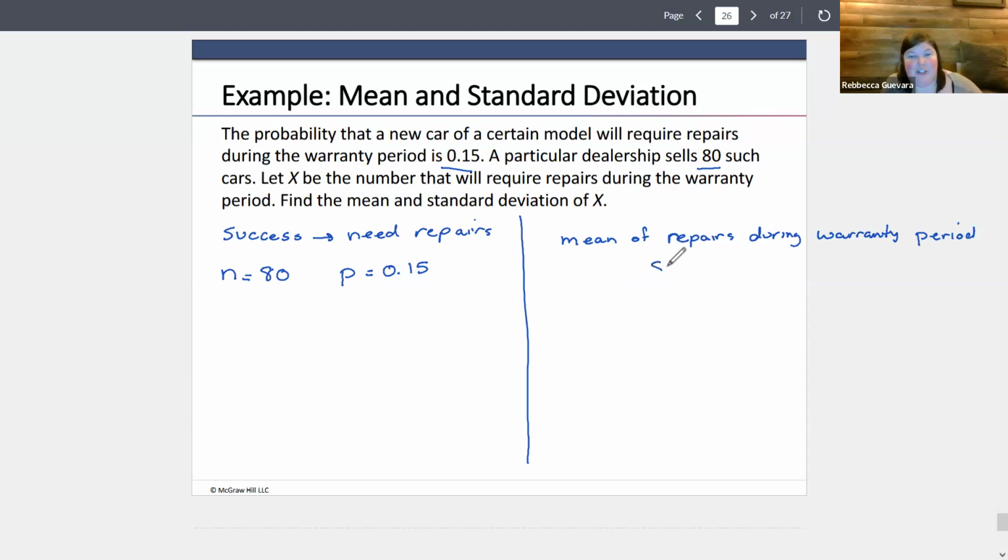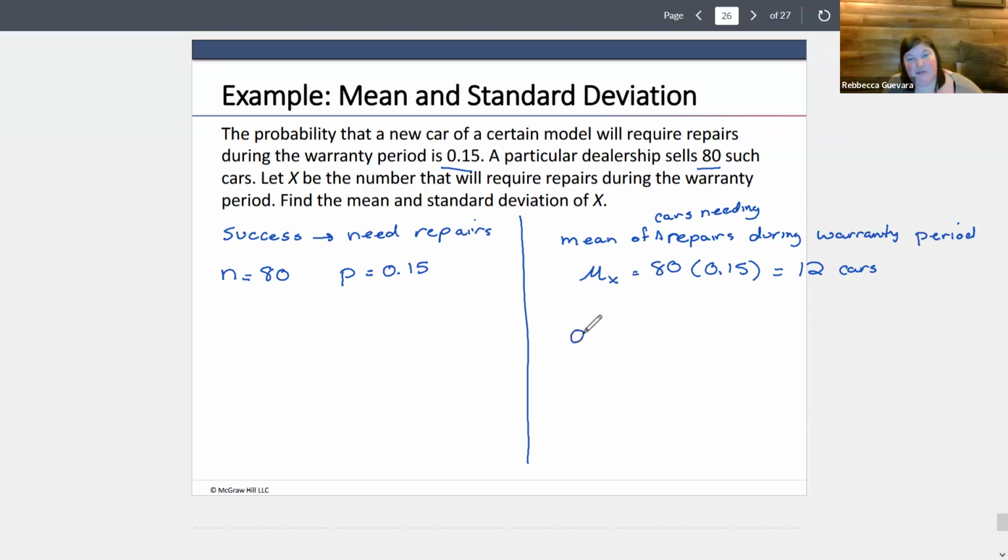What we're going to have here is just 80 times 0.15. This one makes sense because I expect that 15% of my 80 cars are going to require repair. So that is 12 cars. So this is the mean of cars needing repair during that warranty period. During that warranty period, the average is going to be 12 cars.